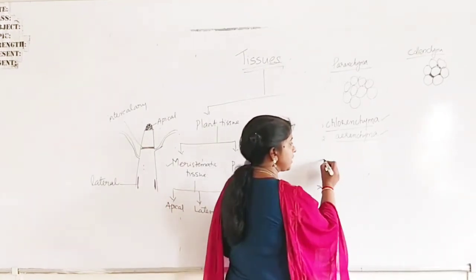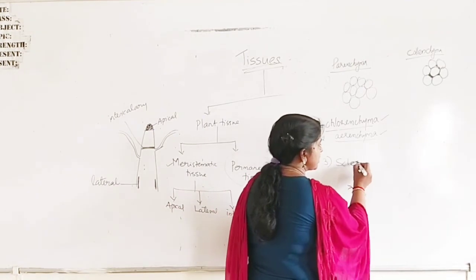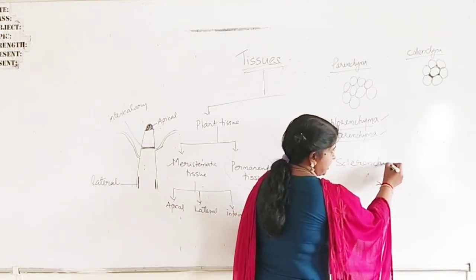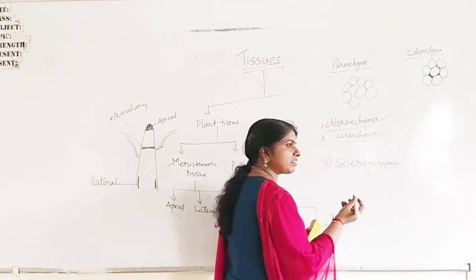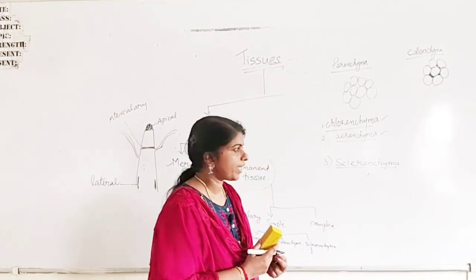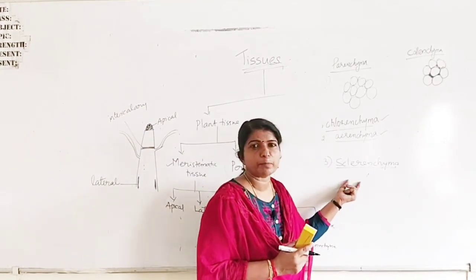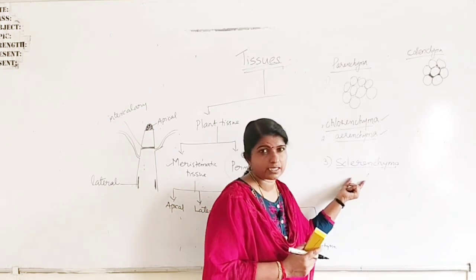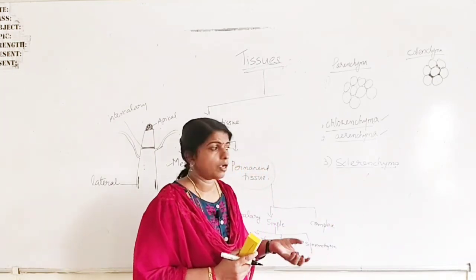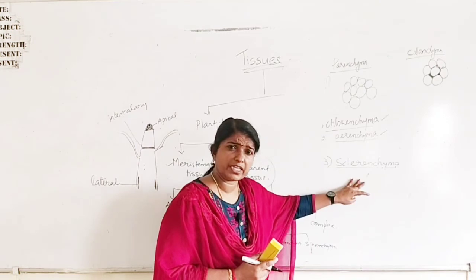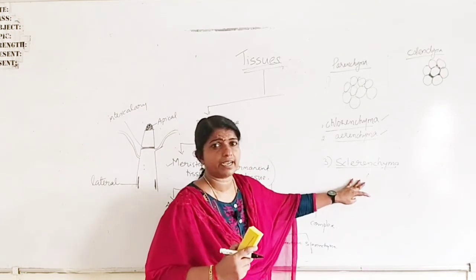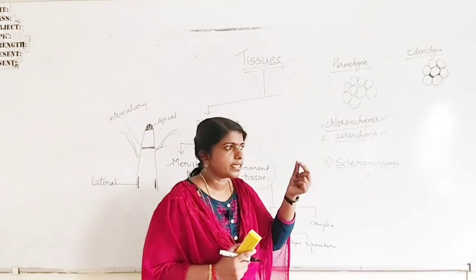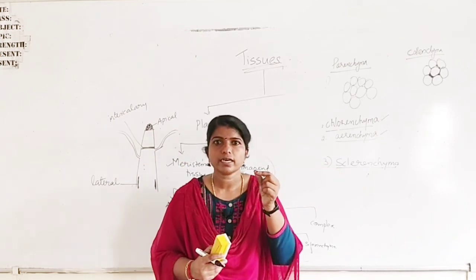Now we can move to the third category, that is sclerenchyma. These are dead cells. Here it does not possess any protoplasm, that is dead cells, and very thick. The walls are highly lignified, highly thickened, and you can see this sclerenchyma in the coconut husk.